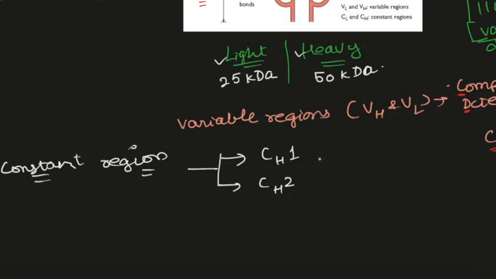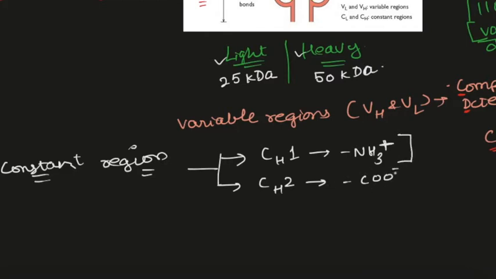Because CH1 is close to the amino terminal, whereas CH2 is close to the carboxy terminal.